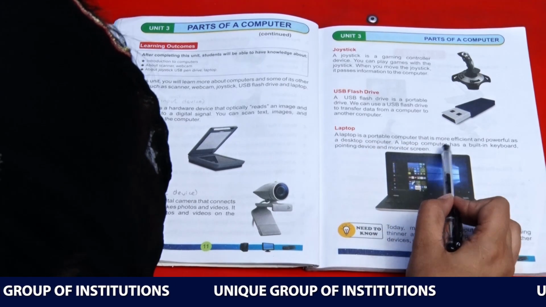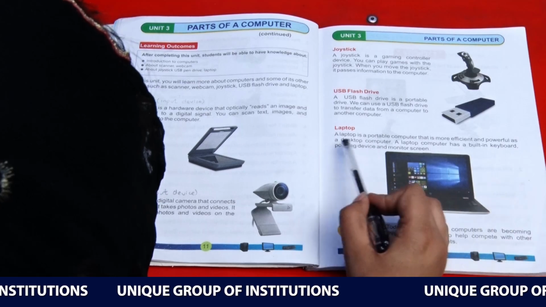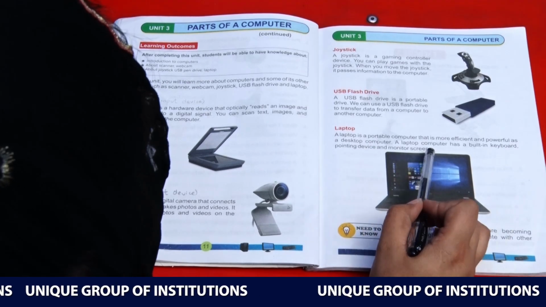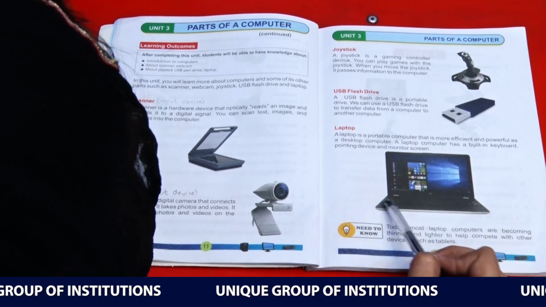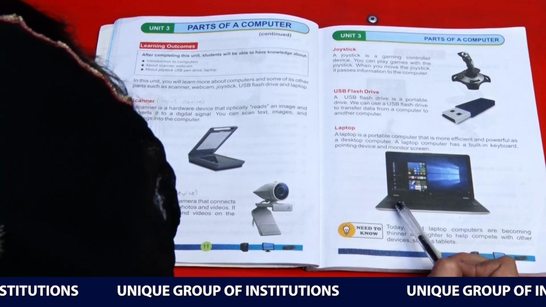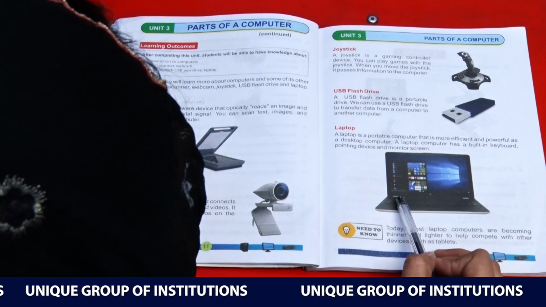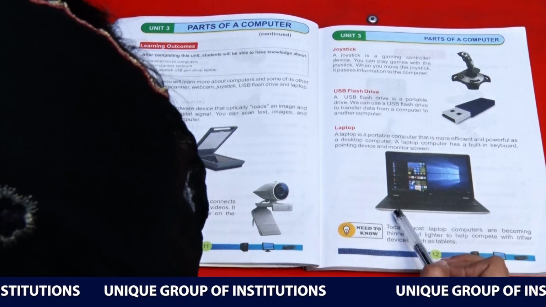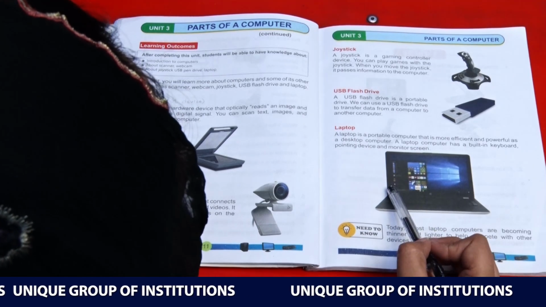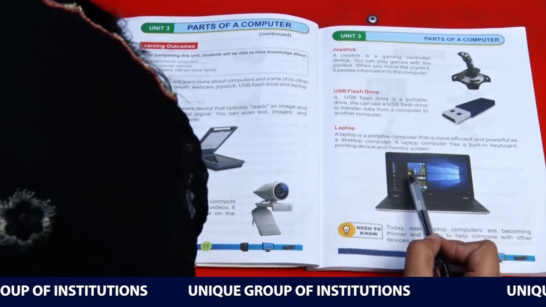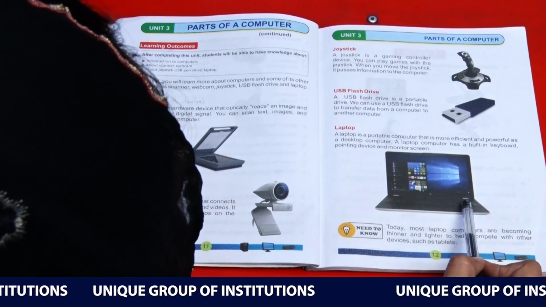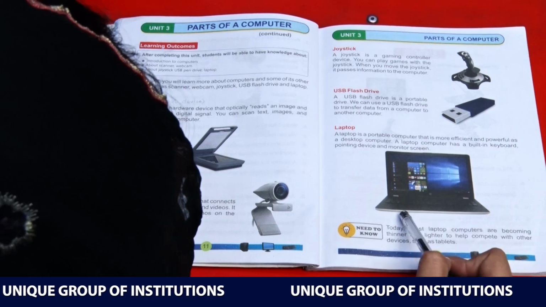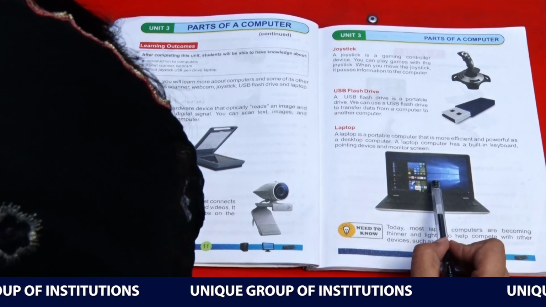A laptop is a portable computer that is more efficient and powerful than a desktop computer. A laptop computer has a built-in keyboard, pointing device and monitor screen. Here you can see in this picture is a laptop, and a laptop is a smarter and more efficient device than a desktop computer because it has a built-in screen, that is a monitor, a built-in keyboard and a cursor that is used to control the pointing device.